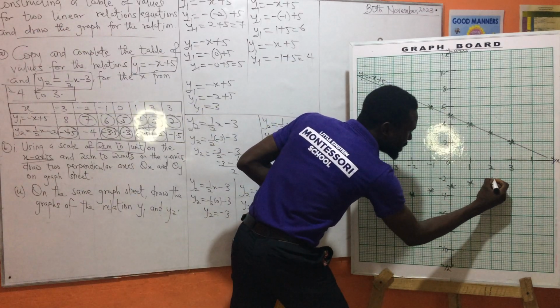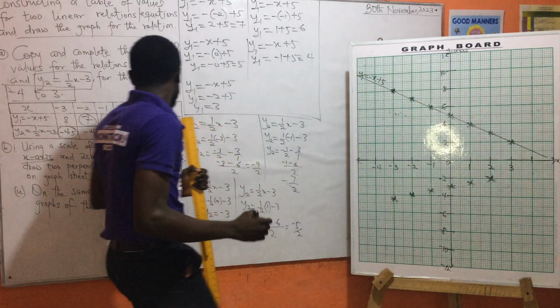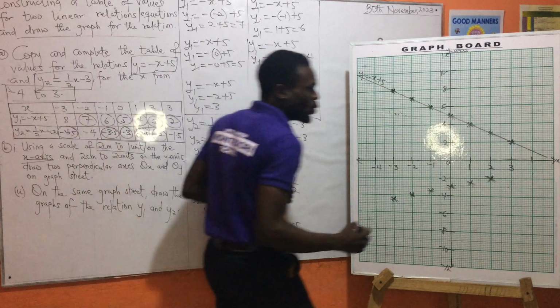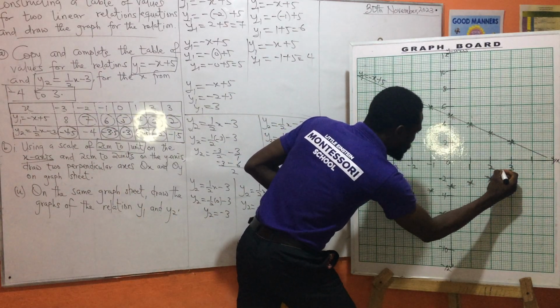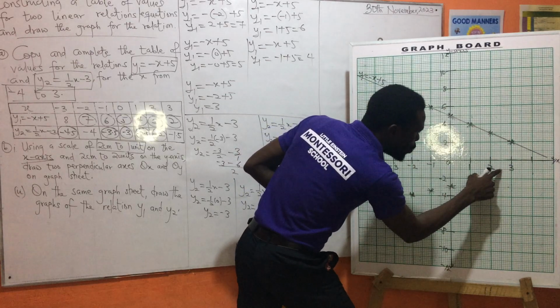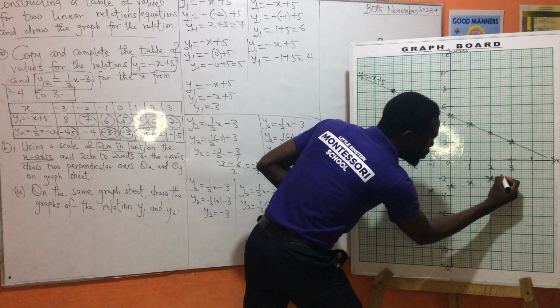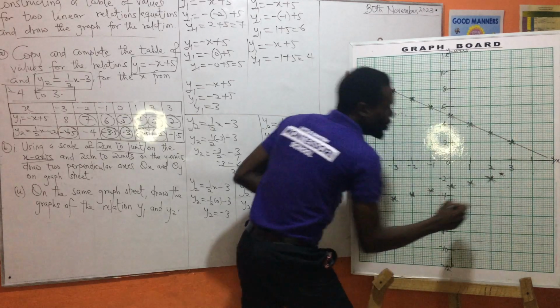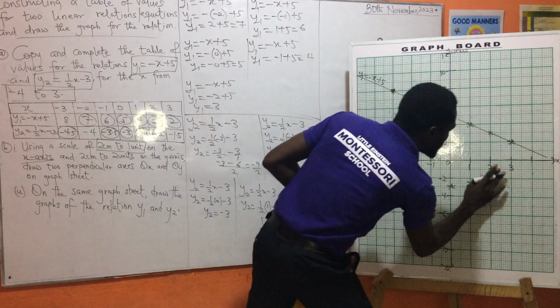So 2, negative 2 here. Also meeting here. And the last one, 3, negative 1.5. So this is 1, 1.2, 1.4, 1.5 here. So after doing the plotting, sorry, it's 3.